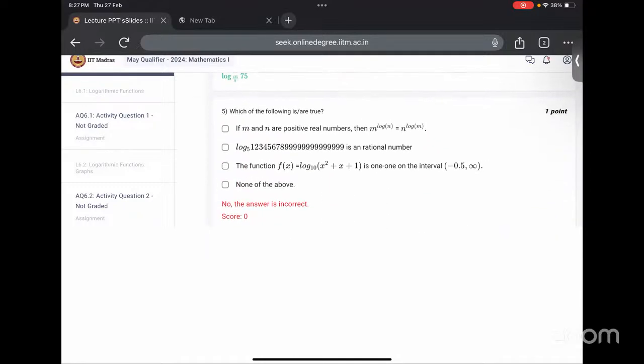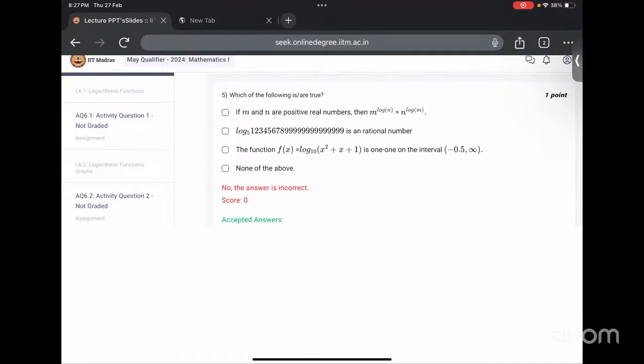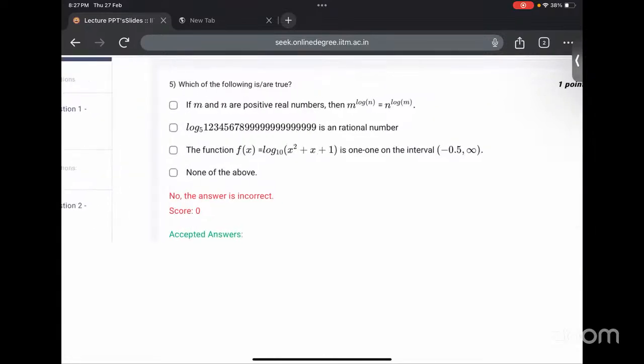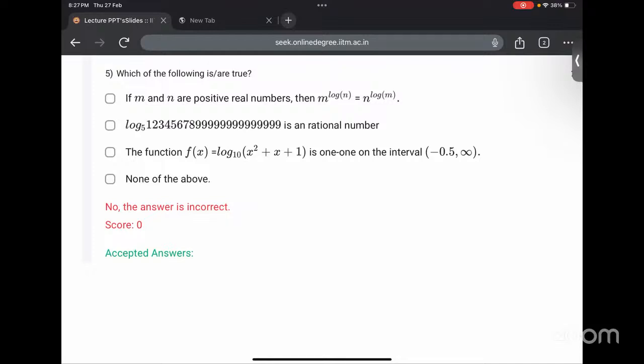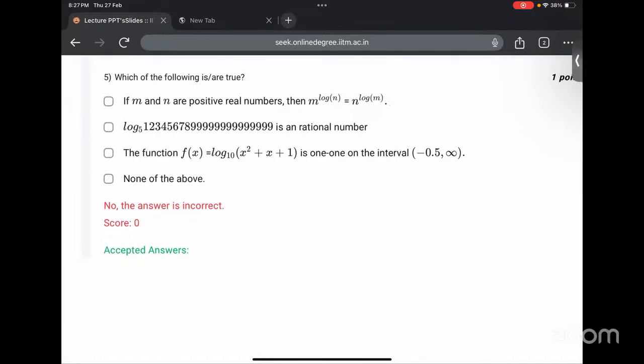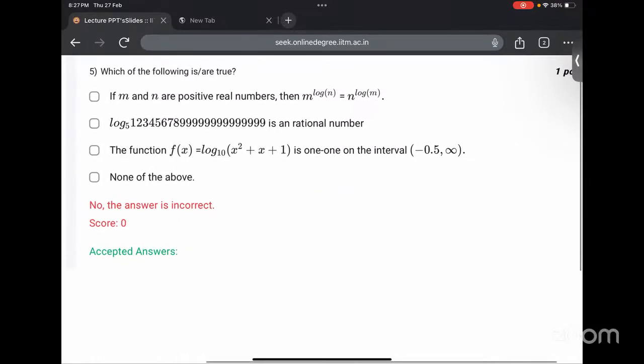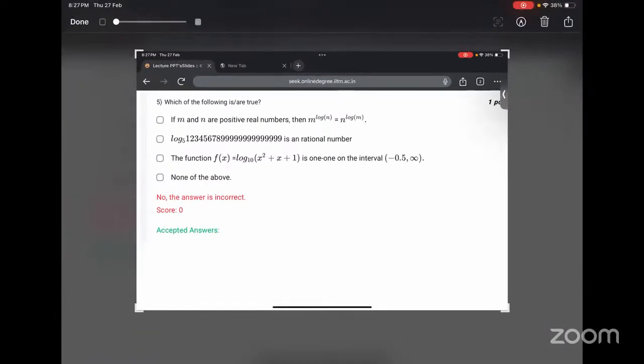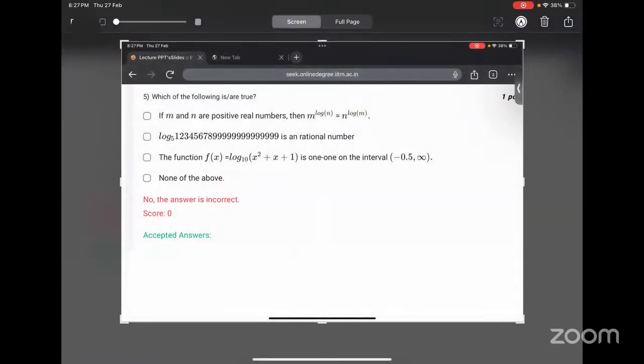What about the fifth one? How can we solve the fifth question? So the first option we know from the result. What about the second option?